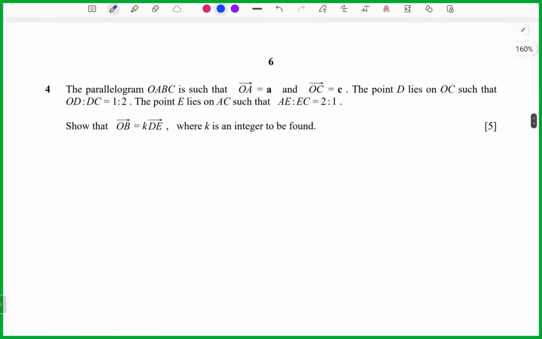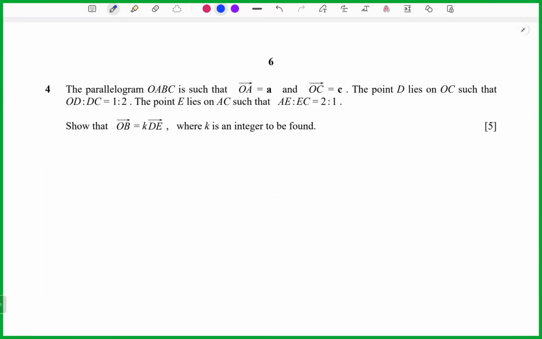Let's see question 4. Question 4 is a vector question. Read the question. The parallelogram OABC is such that OA equals a, OC equals c.